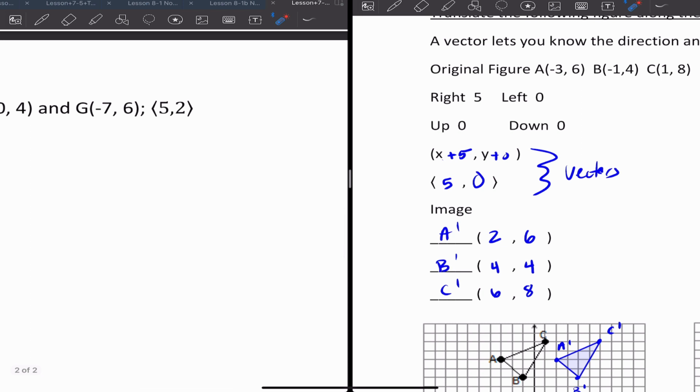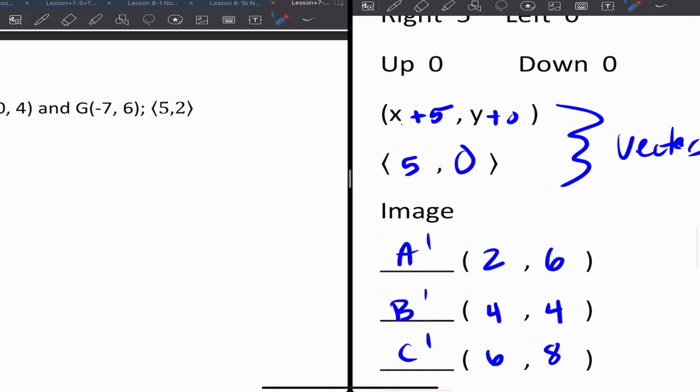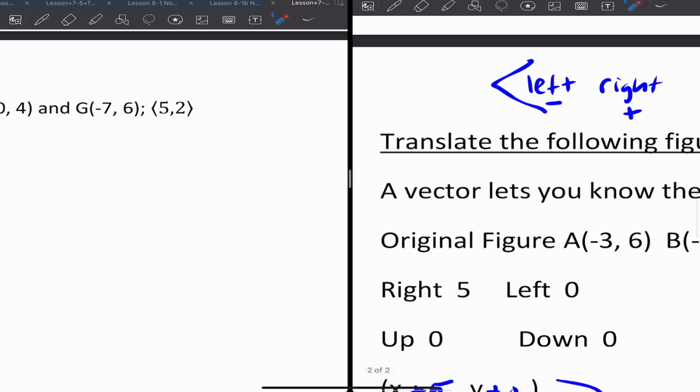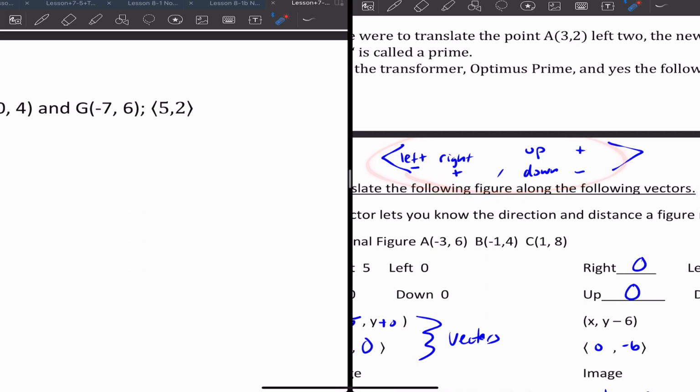Now we've got the chevron vectors here. Remember, we have these little angle brackets here. The rule for the x: if you have a negative number, you're going to the left, and if you have a positive number, you're going to the right.